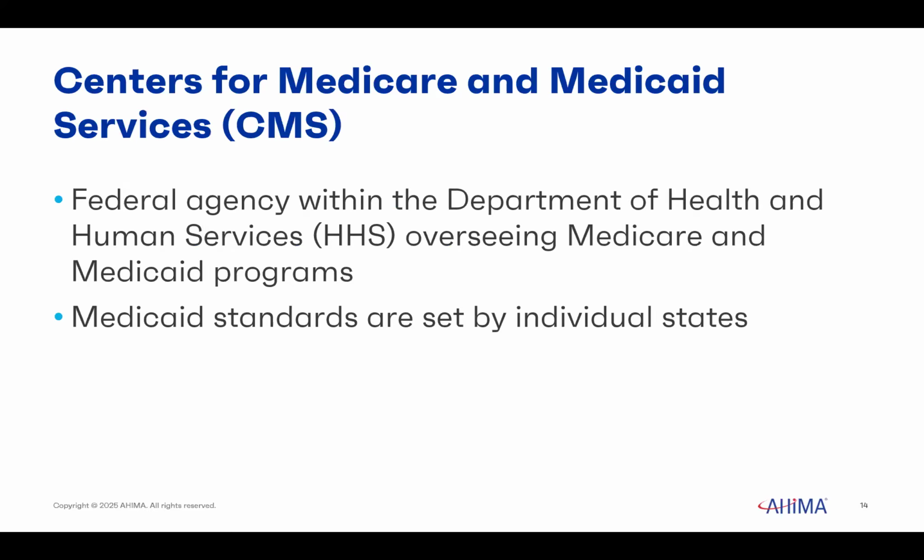Another big difference between Medicare and Medicaid is that Medicaid is a state program. It's administered by each individual state, even though there are federal monies involved. As a result, Medicaid eligibility and benefits vary from state to state.